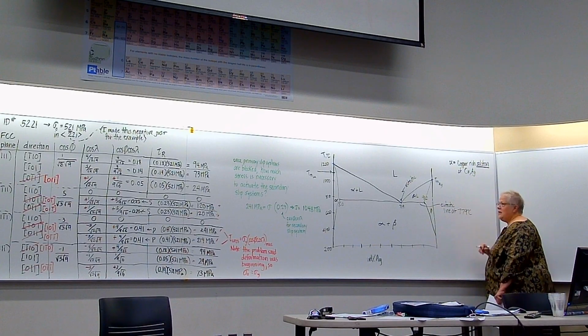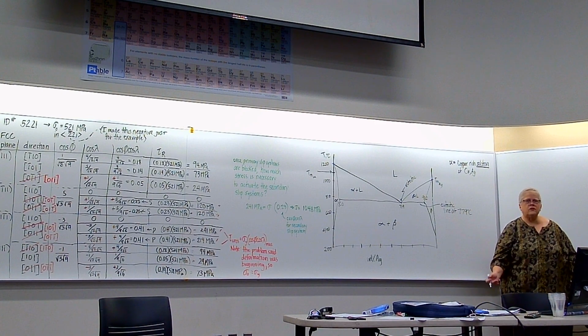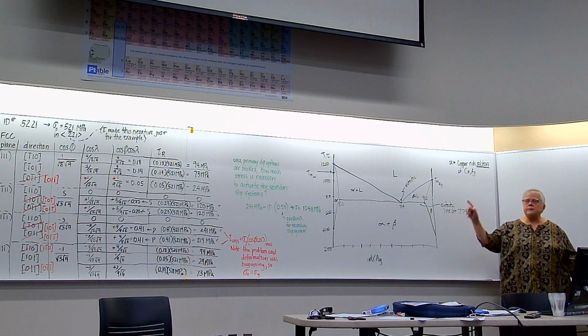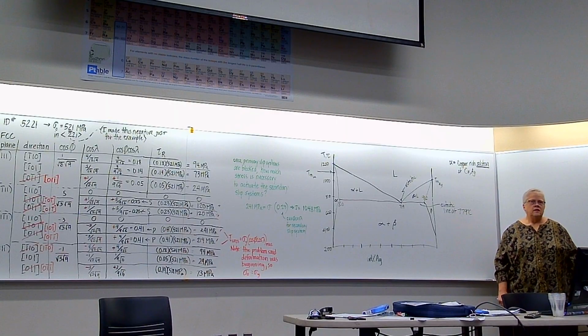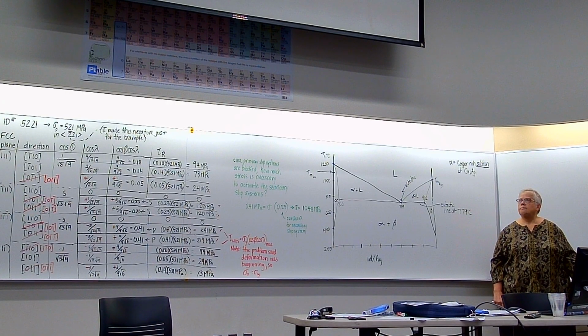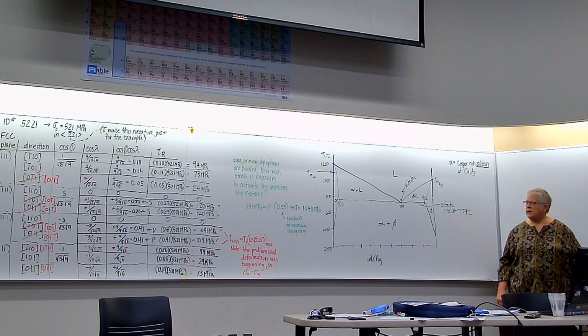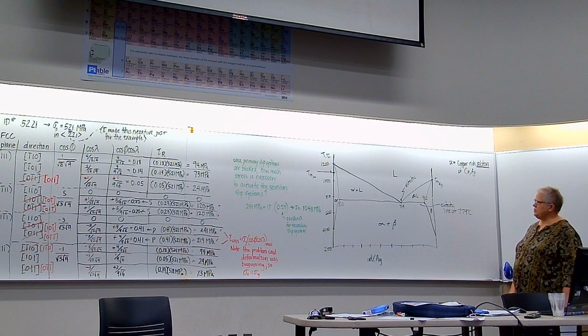It's a solution, meaning copper is dissolved in the silver, silver is dissolved in the copper. Every place I look in the alpha will have the same composition, the same crystal structure. And if I have a piece of alpha, anywhere I look will have the same composition.